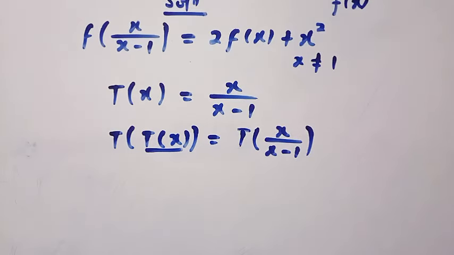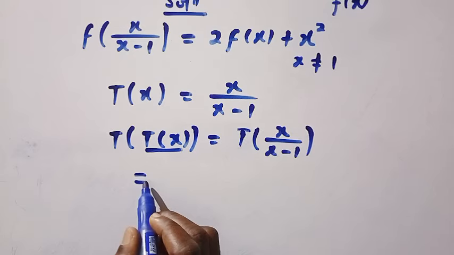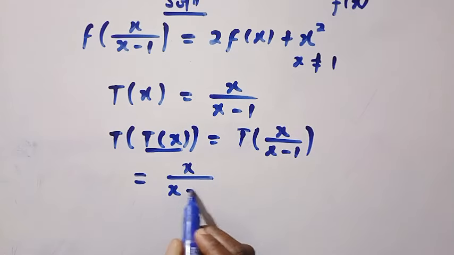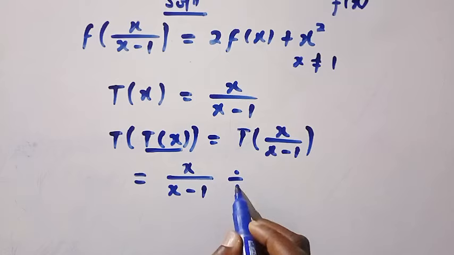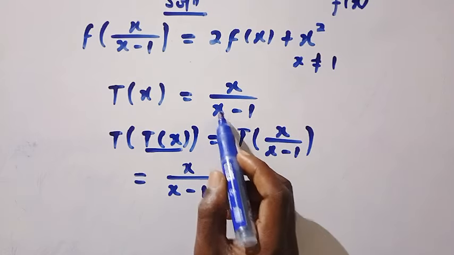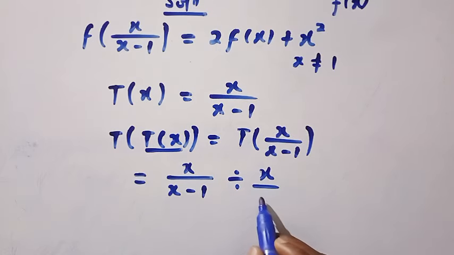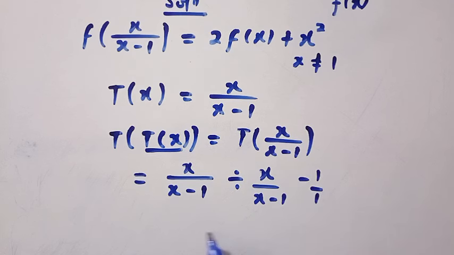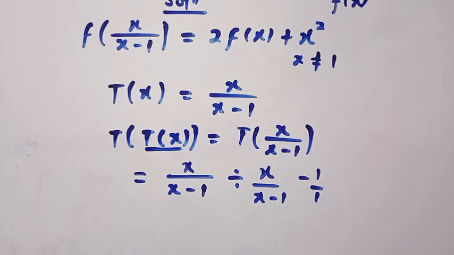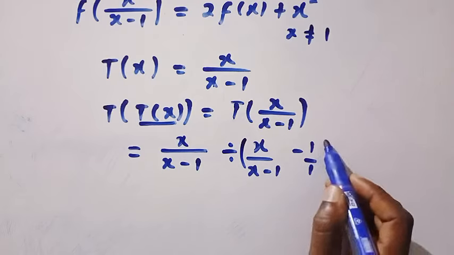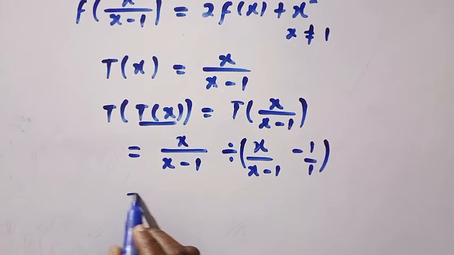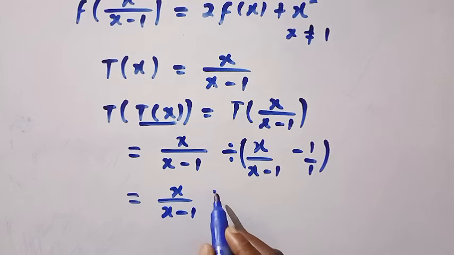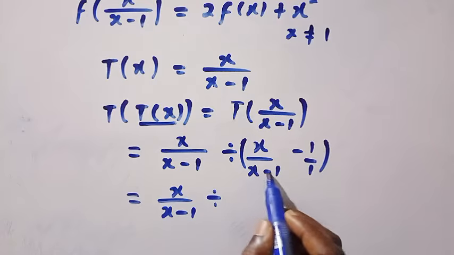So if we substitute that, the first one up will be x divided by x minus 1, then divided by, which is this division, x over x minus 1 also, then minus 1 over 1. By treating only this division first, we have x divided by x minus 1, then divided by this x minus 1, multiply this.